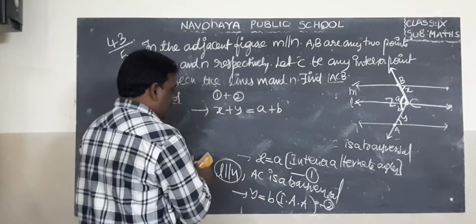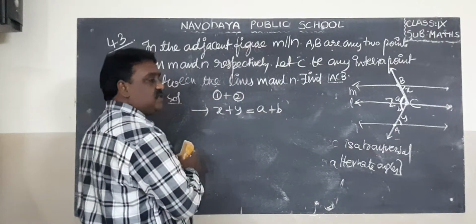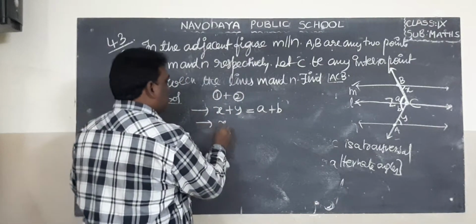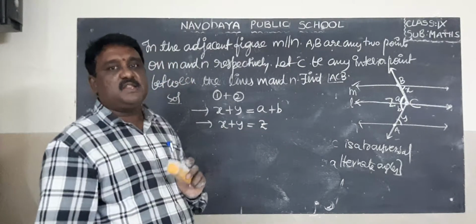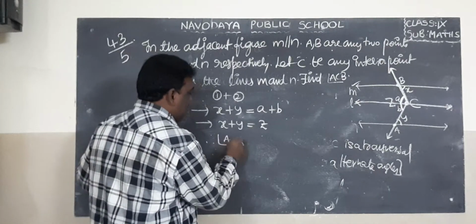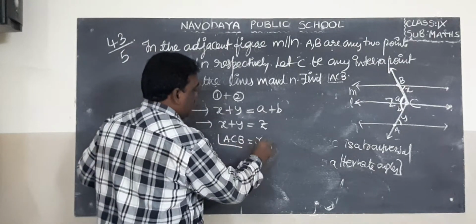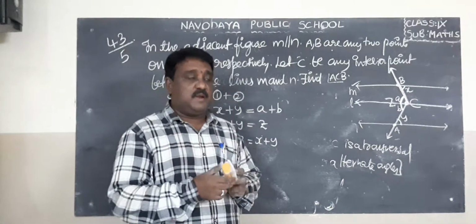So, small x plus small y equal to small a plus small b. Small x plus small y is nothing but Z. What is small a plus small b? Z. Therefore, angle ACB equal to x plus y.